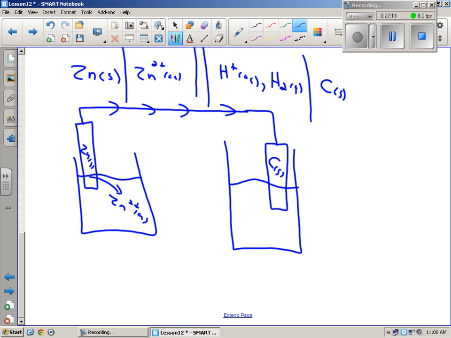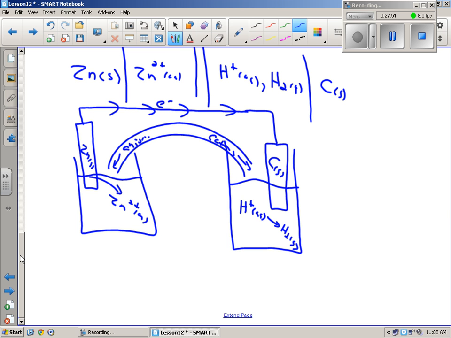This is carbon, and down here, of course, we have H plus aqueous changing into H2 gas, is what you would see. It can be any of those. Salt bridge, of course. Anions go towards the anode. Cations go towards the cathode. Okay? And that's kind of what the diagram would look like for that one there, the zinc hydrogen half cell.